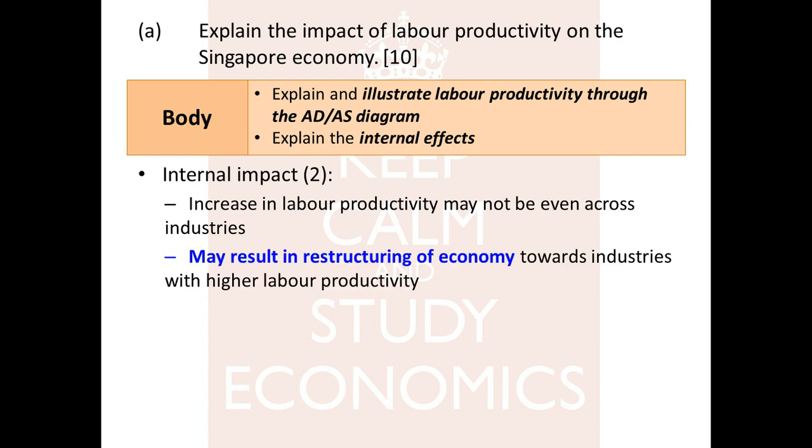Okay? Then if that's the case, the economy would then restructure itself to focus more on the industries with higher labor productivity output. And naturally, with this kind of restructuring of the economy, there will be structural unemployment.